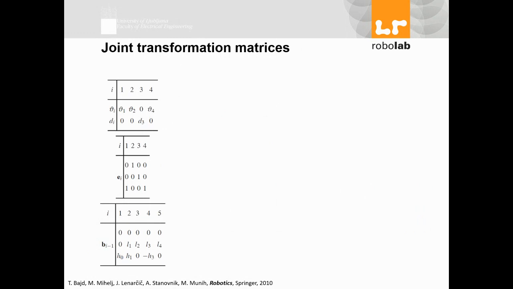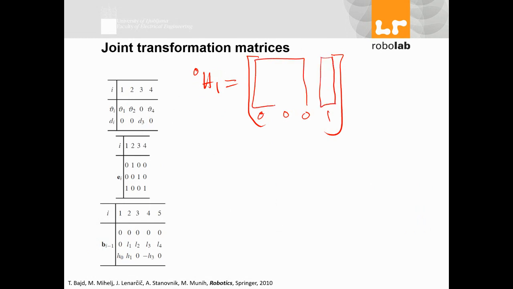Okay, so from 0 to 1, H0, as in the book it says 0 to 1. From H0 to 1, look at this, from 0 to 1. What do we have? 0, 0, 0, 1. I have to figure out how much translation and what kind of rotation I have. Okay. Is there any translation from 0 to 1?